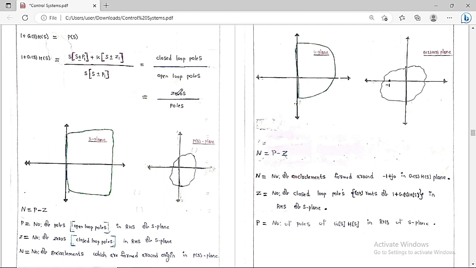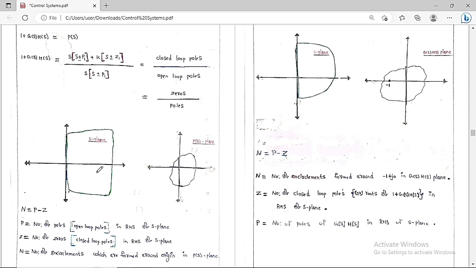So P is the number of open loop poles which are going to lie in the right half of the S plane.